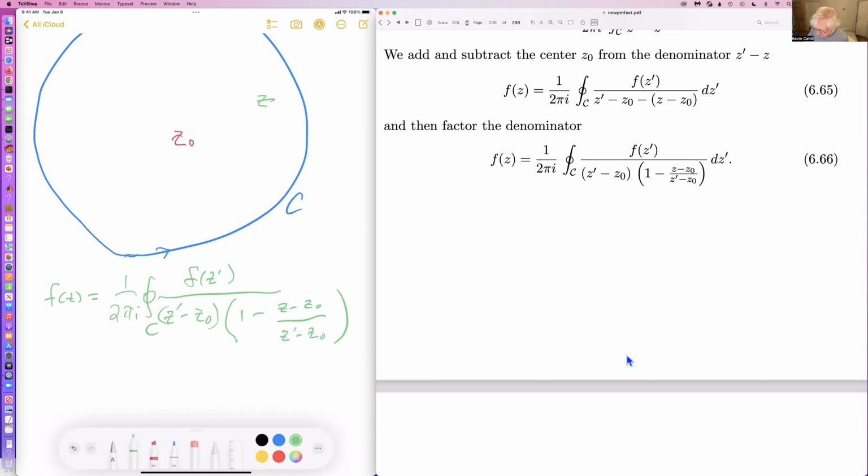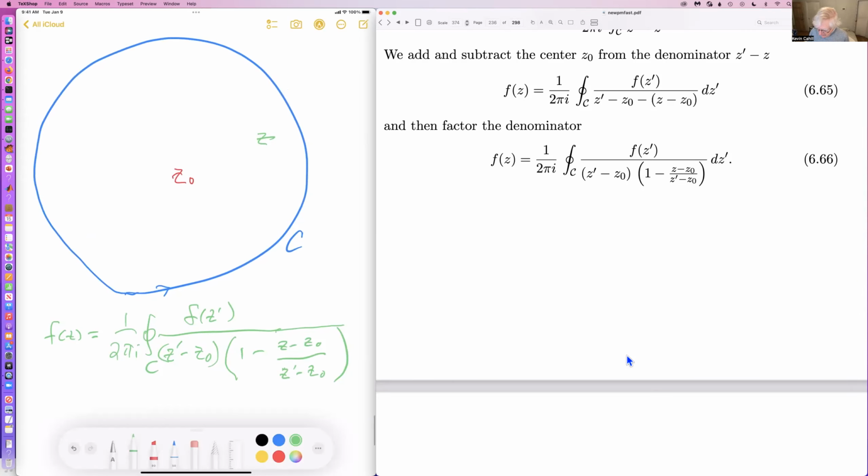And now the point here is that z is closer to z0 than any point on the curve is. So in other words, this distance is less than this distance.